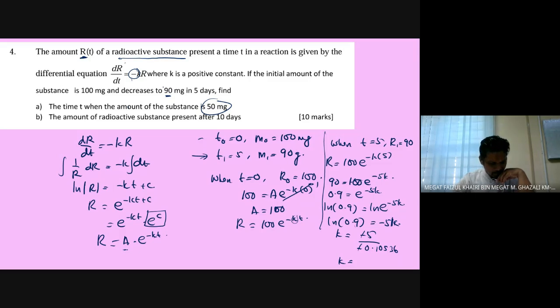Where did I go wrong? Because the answer for k is 0.0211.